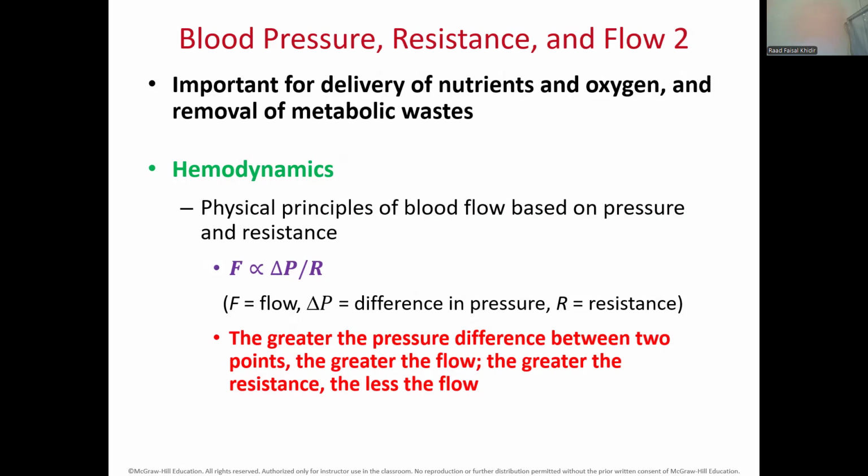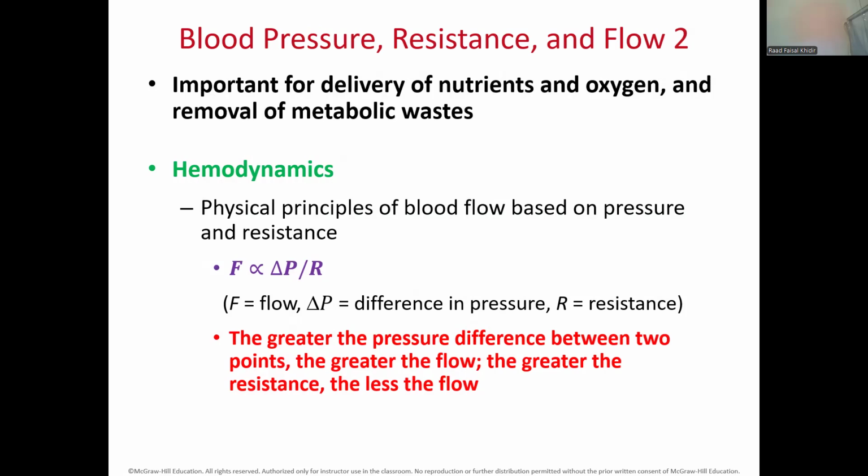But if there is a resistance, if there's a bumpy road, if you have two roads, path A, path B. Path A is a very flat road. Path B has a lot of bumps on it. Which one is going to give you a lot of resistance and is going to make your arrival time slower? So the more the resistance, the less the flow. The more the pressure, the higher the flow.